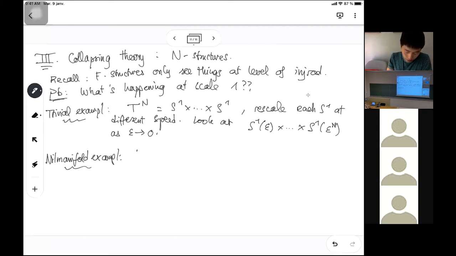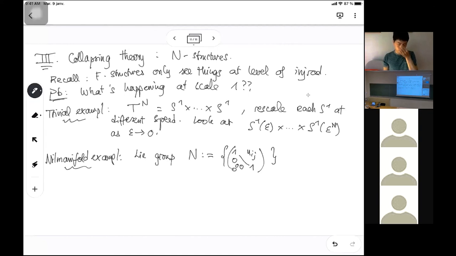So you look at the Lie group N, a certain group of upper triangular matrices that are given by 1 on the diagonal, 0 below, and you might have some coefficients above. This Lie group is so-called nilpotent in the sense that if you take the commutator of N with itself and you repeat that, you take the commutator with N again and again, you get 0.